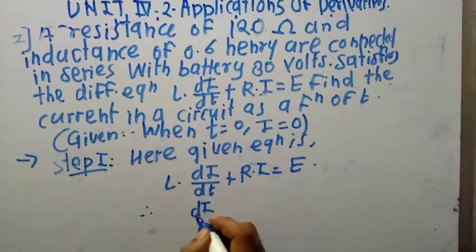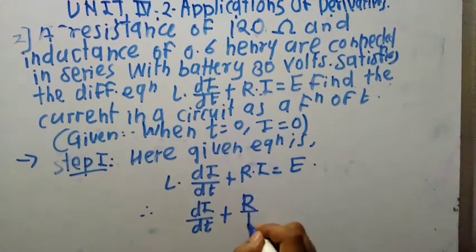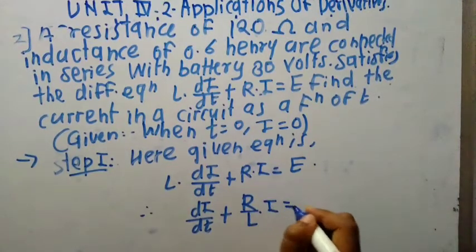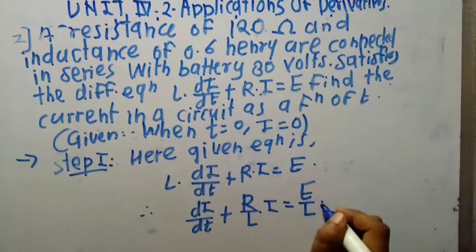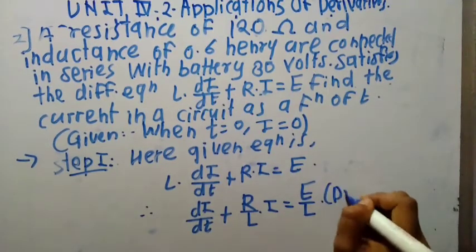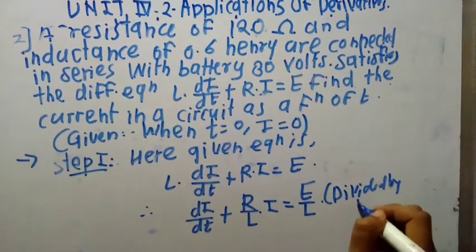Hence di/dt plus R divided by L into I is equal to E divided by L.